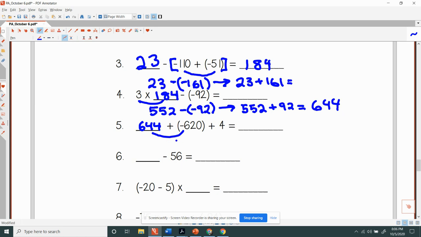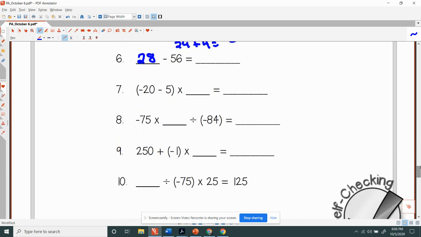So this part is positive 24 plus this 4 equals 28. Now we'll put the 28 here. Now I'm going to let you finish this page, pause the video, and try to do them on your own, and then come back and we will check.